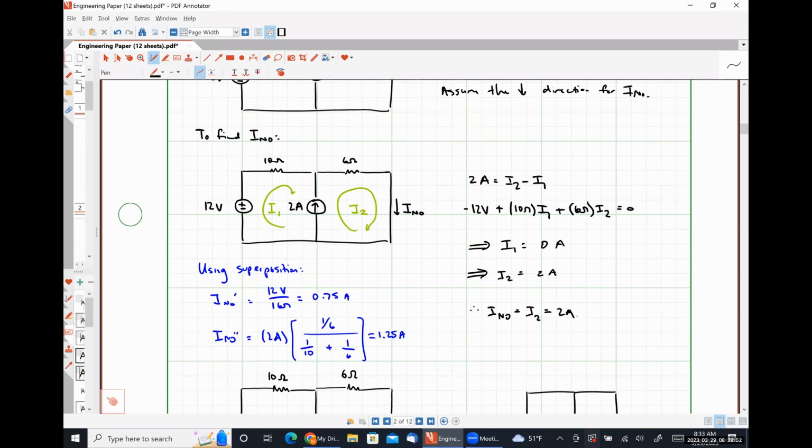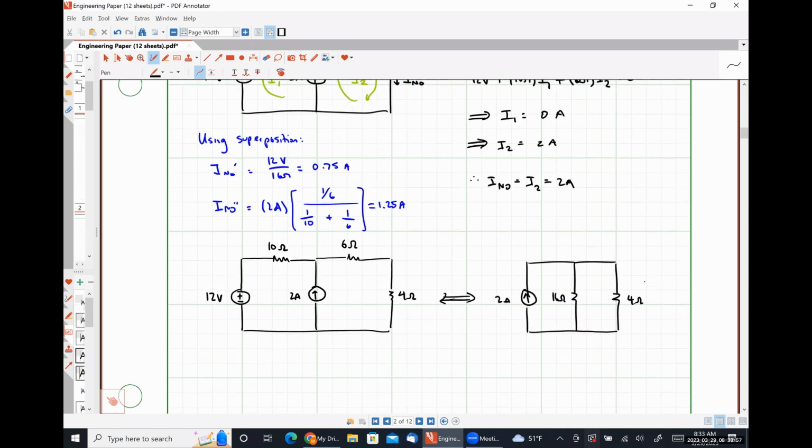Right, so that's how we were finding it. It wouldn't matter in the least if I turn this current source upside down, it would still be the exact same thing. So to be clear here, the 16 ohms of resistance came from when we determined the Thevenin resistance a little while ago, because the Thevenin resistance and the Norton resistance are the same thing. I thought it would be pointless to solve for it again.